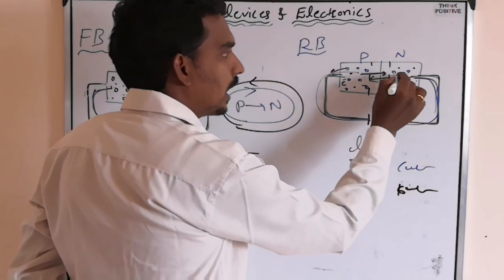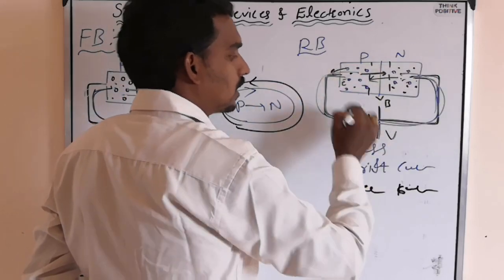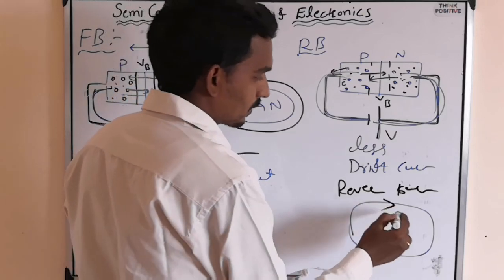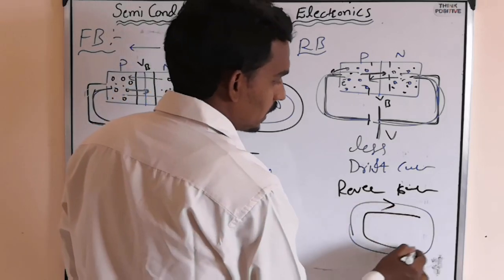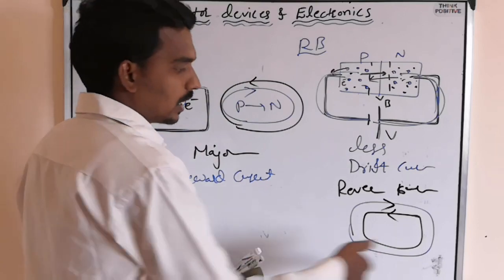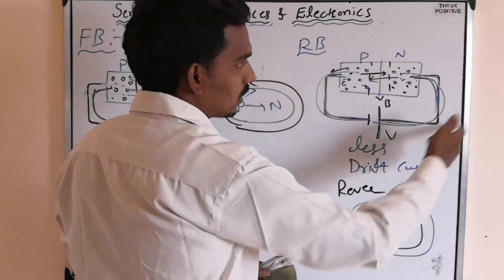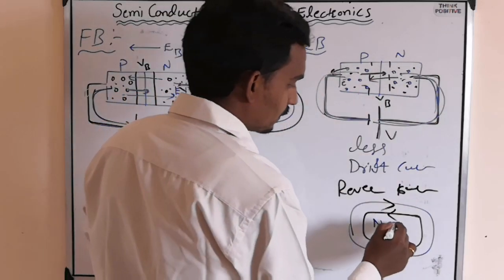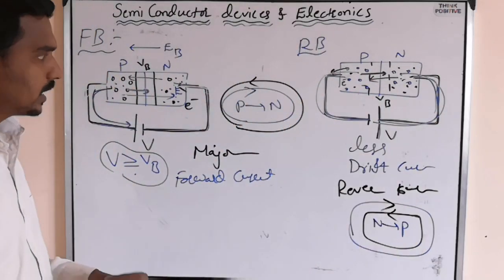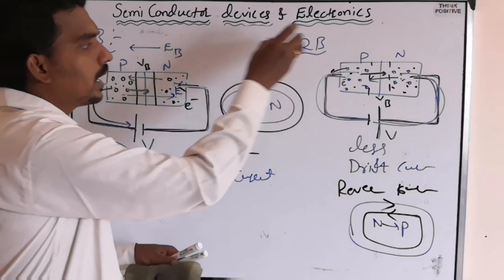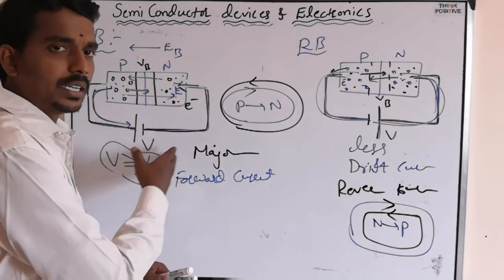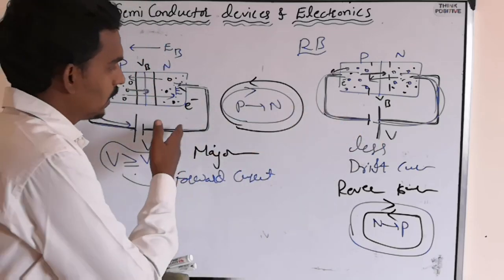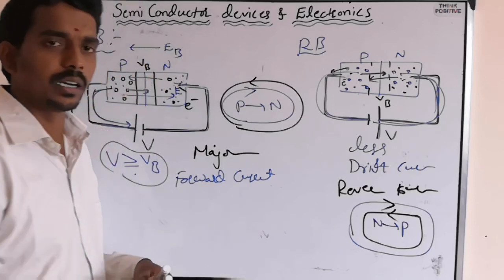So the electron flow is from left to right, then current must be in the opposite way. So current is in this way, N to P. So that is the difference between forward bias and reverse bias: diffusion current, drift current; more current, less current; and P to N current, N to P current.